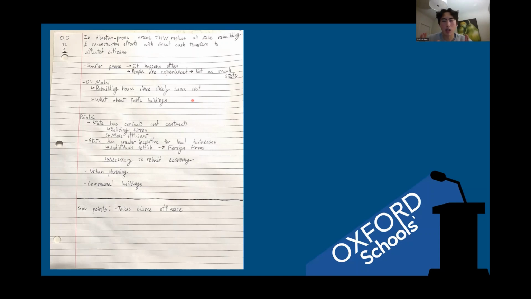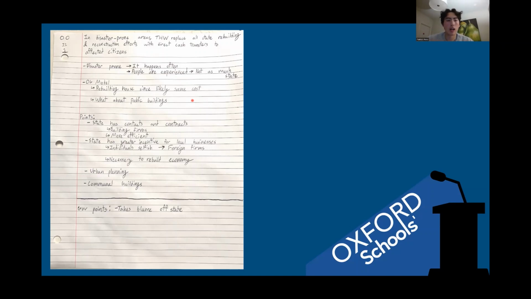Once I've outlined what the main parts of the debate are going to be, I start thinking about my own individual points. So I think about contracts, and flesh it out: it's more efficient. My second point was that the state has greater incentive for local businesses, whereas individuals are more selfish, and it's necessary to rebuild the economy.